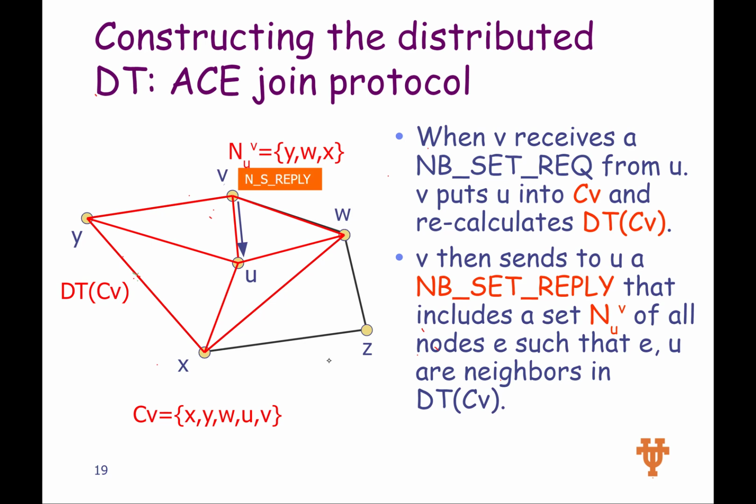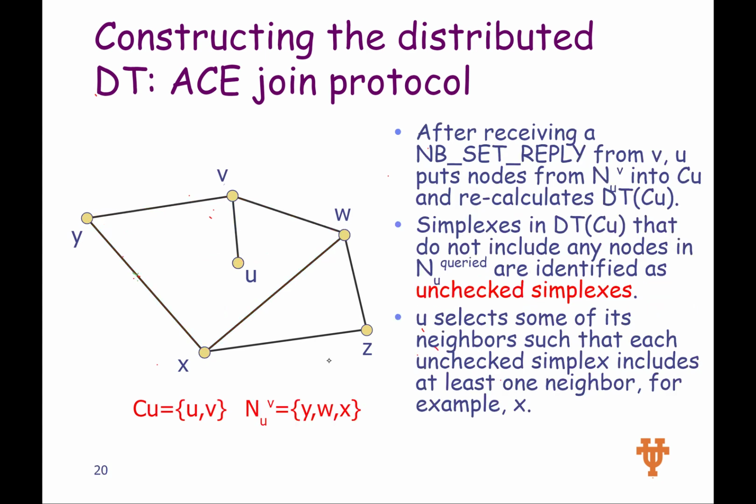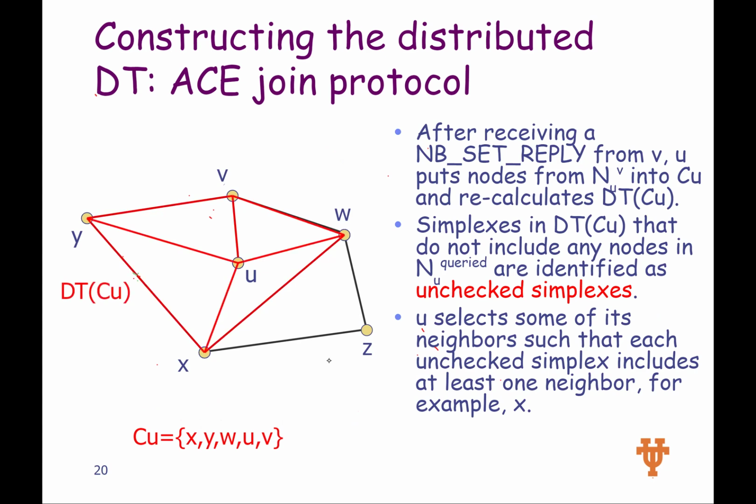So V will send you this information, and U will include all this information in its neighbor set. Now the candidate set of U includes U itself and V and X, Y, W. They are told by V. All right. So U will calculate a local DT using this candidate set.